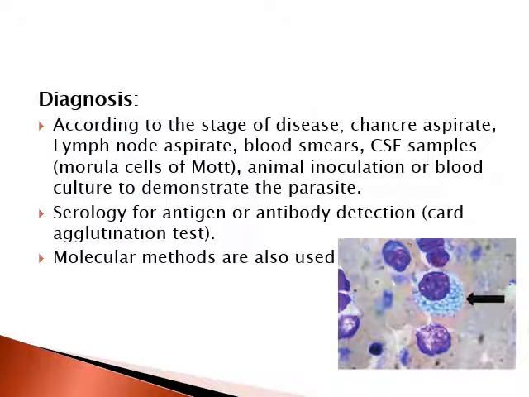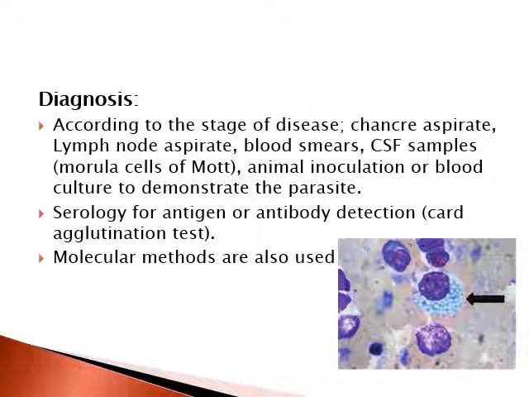Diagnosis is according to the stage of disease. We can do chancre aspirate in early stages, lymph node aspirate, and then blood smears. All of these can show the trypomastigotes. Also, if we suspect that there is sleeping sickness, we can take cerebrospinal fluid samples.